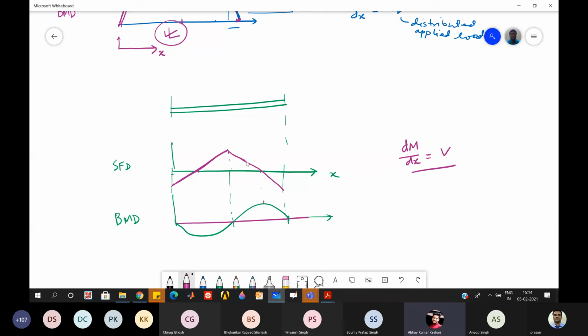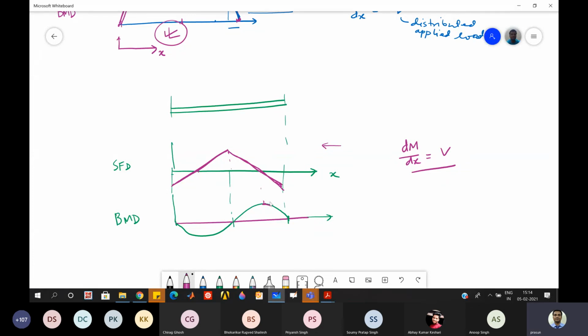I think it's correct. Yeah, let us understand whether it is correct or not. So first, I'll start with this direction. This is my preferred direction. Maybe you can start with that side. That's fine. So if I look at this bending moment diagram, the slope is 0 here.